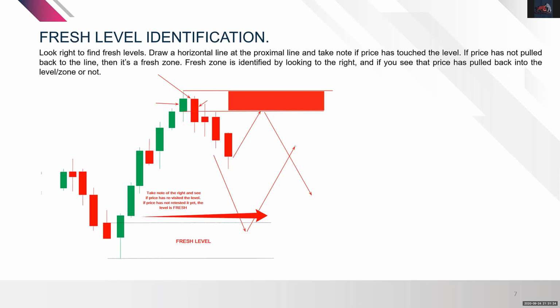That's where you define your entries, because if you use a 15-minute or 30-minute time frame to define these zones, sometimes the levels are not going to hold on lower time frames, because remember, higher time frame momentum always precedes everything.